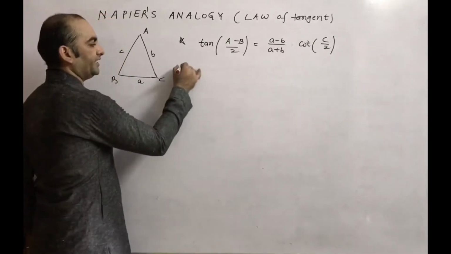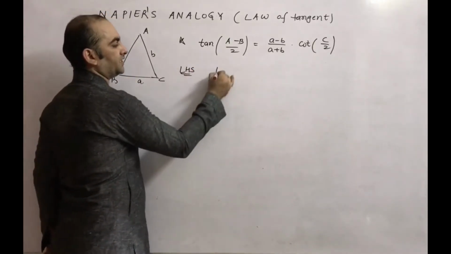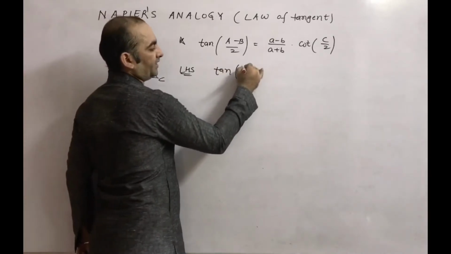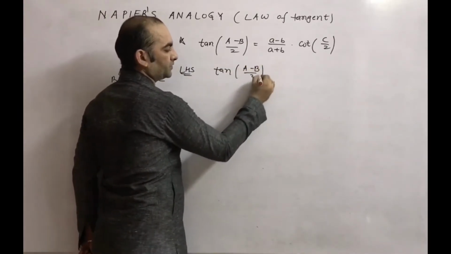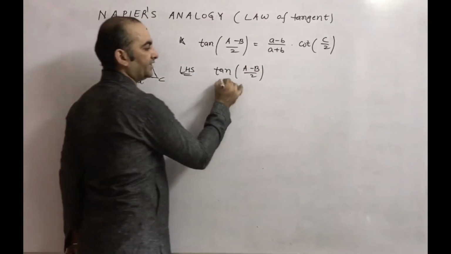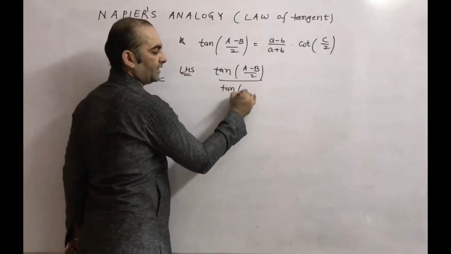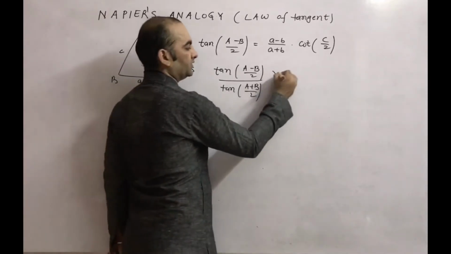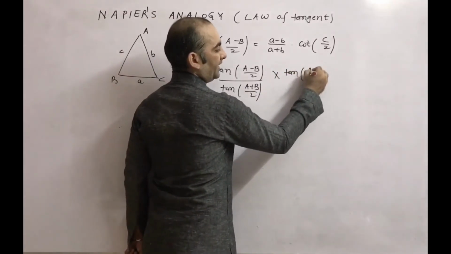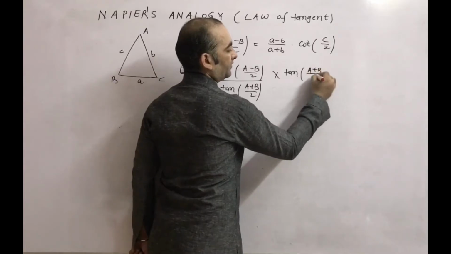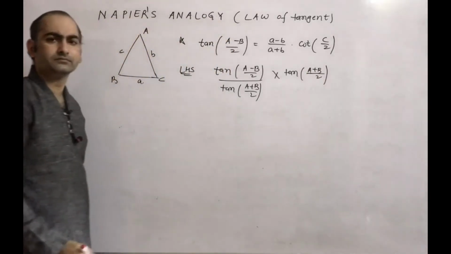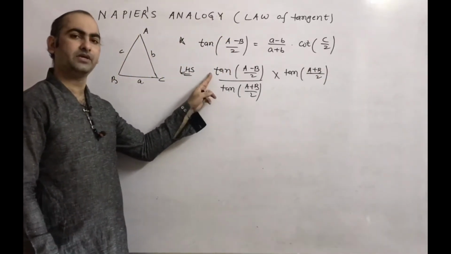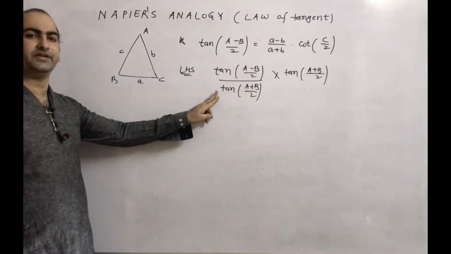We are taking the LHS, tan of (A minus B) divided by 2. Here we divide by tan of (A plus B) by 2 and also multiply by tan of (A plus B) by 2. Next we convert this in terms of sine and cos.